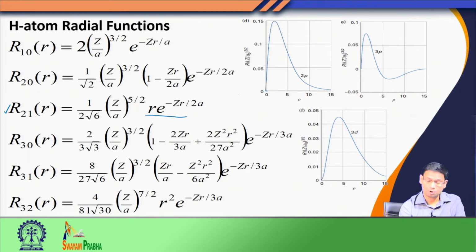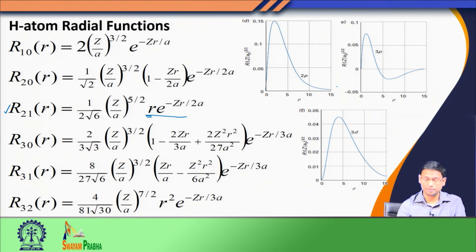So, you can see that at lower values of r, this r term dominates, so at r equals 0 the function becomes 0, and after some time when r becomes moderately large, the exponential function dominates, and we see that the function is pulled down and brought asymptotically to the value of 0.